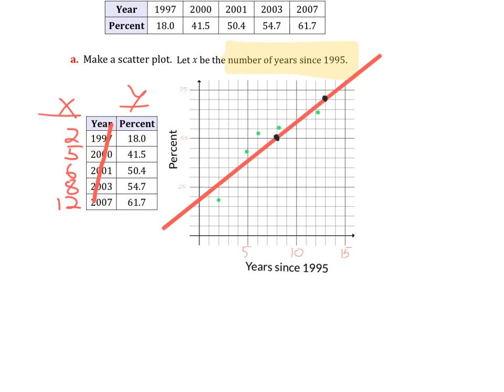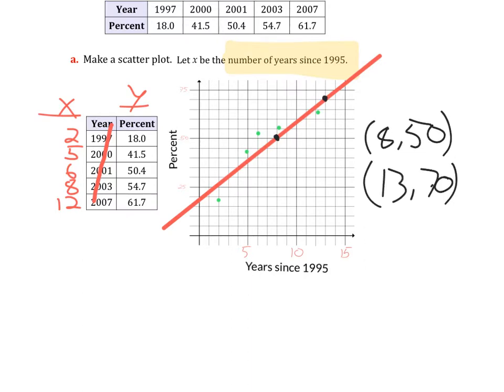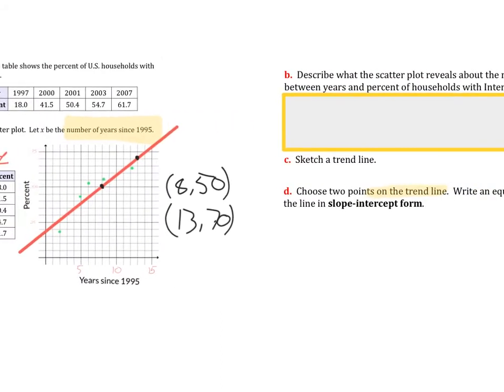Those points that I just took were 8, 50, and then 13, 70. And again, those 2 points were not anywhere on the table because I'm pulling those directly from my trend line.